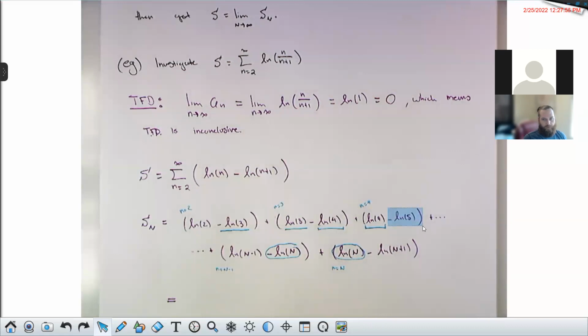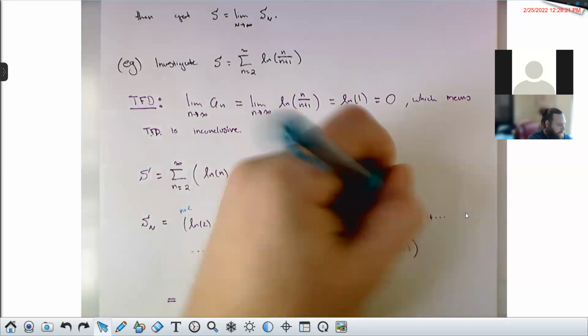What about this natural log of 5? Do you think he's going to live or die? Is there a term hiding in these dot dot dots with a plus ln 5? He's going to die. Good.